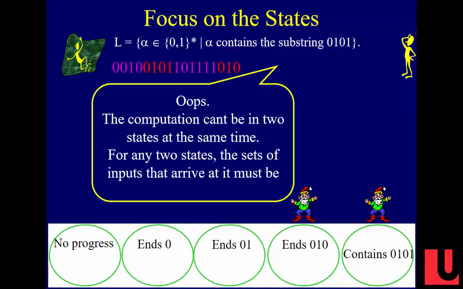In some ways, the way I write it, it's describing a set of strings. The set of strings that will land here is the set of strings that contain 0101. And what strings will end up here? Well, if they end in this, and they don't contain, right?